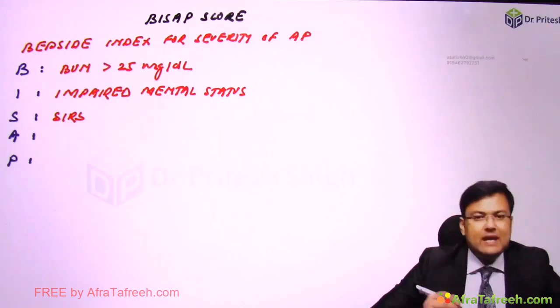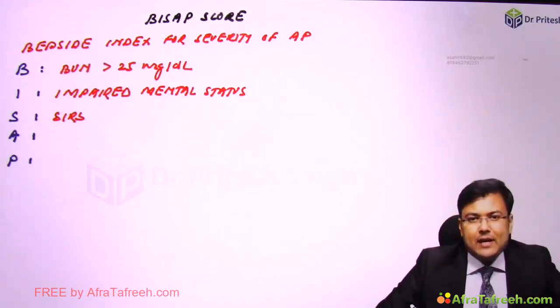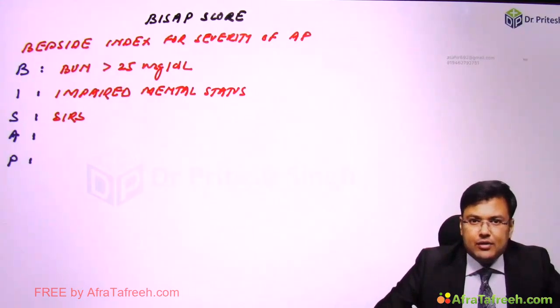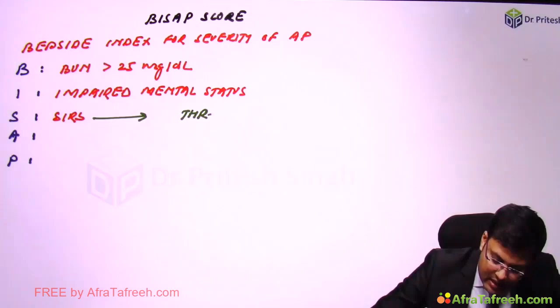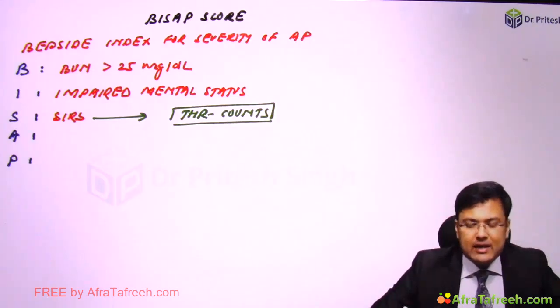What is the full form of SIRS? Systemic inflammatory response syndrome. Now what are the parameters of systemic inflammatory response syndrome? There is a mnemonic for this, and the mnemonic is THR counts, total heart rate counts.